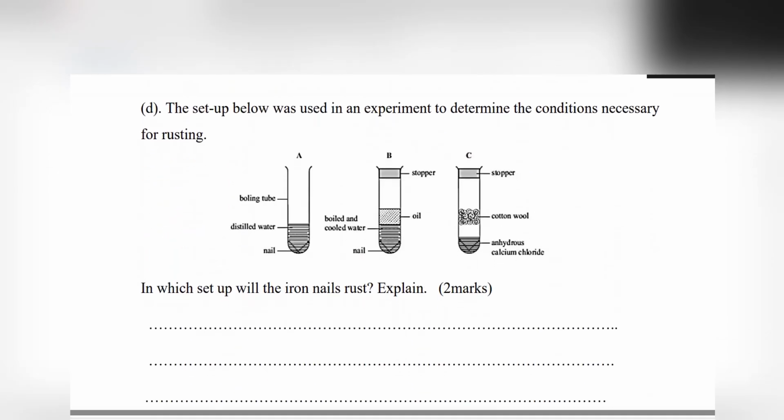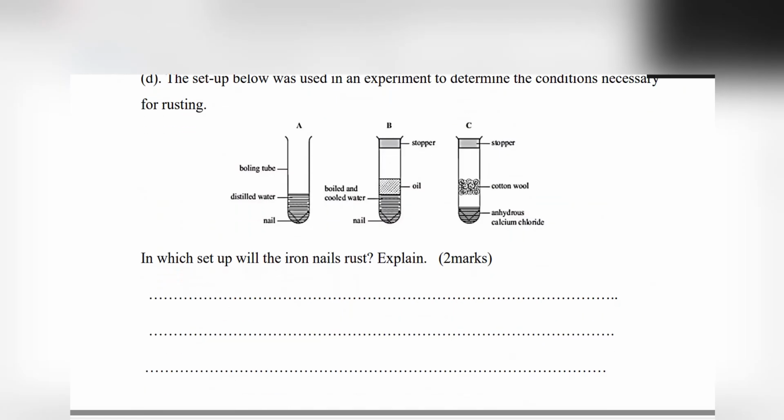The setup below, that is part D, was used in an experiment to determine the conditions necessary for rusting. We have setup A that has distilled water and the nails, B, boiled and cooled water, but we have the nails and a layer of oil, stroke the stopper that prevents the entry of oxygen into the water.